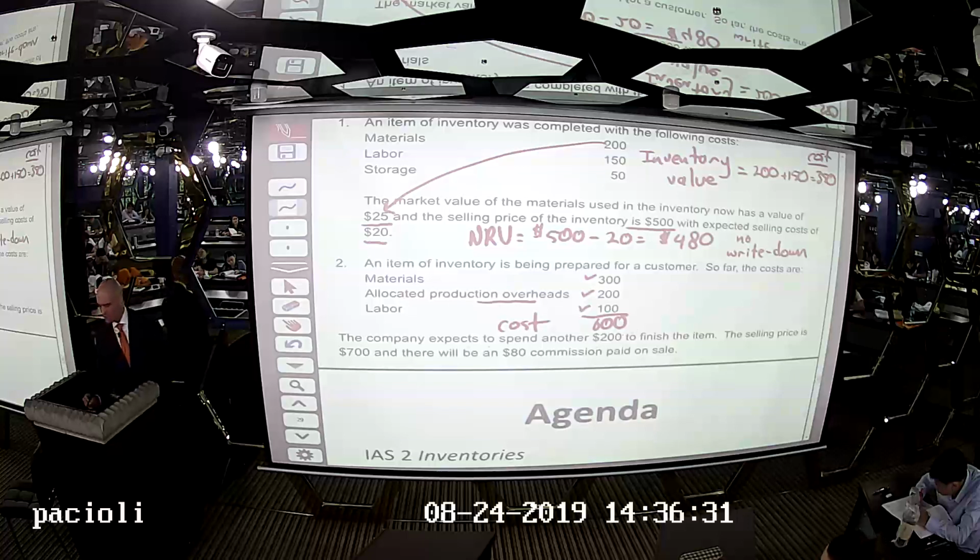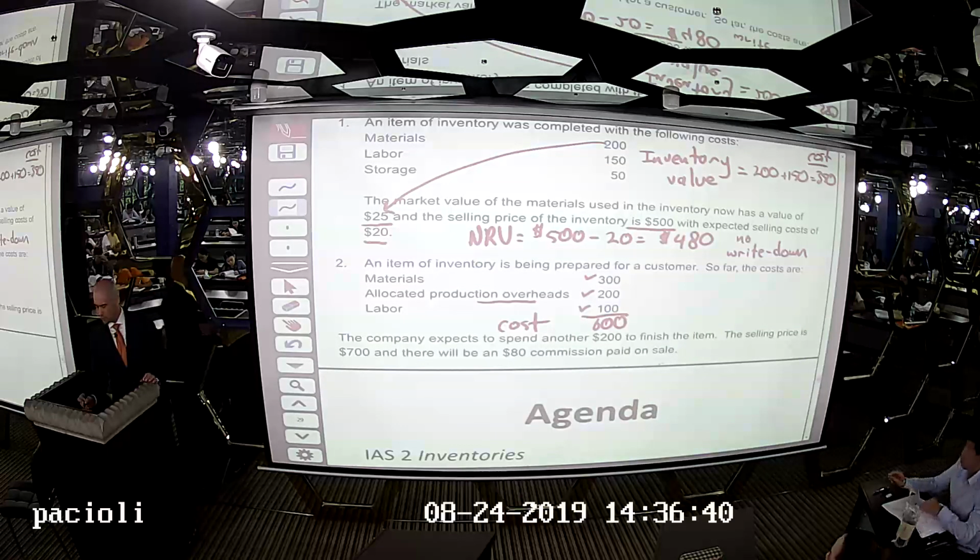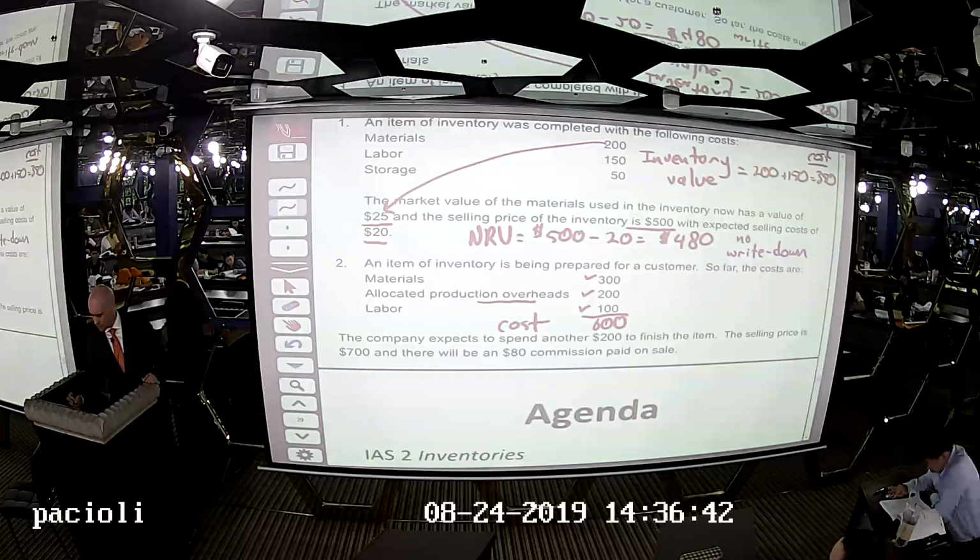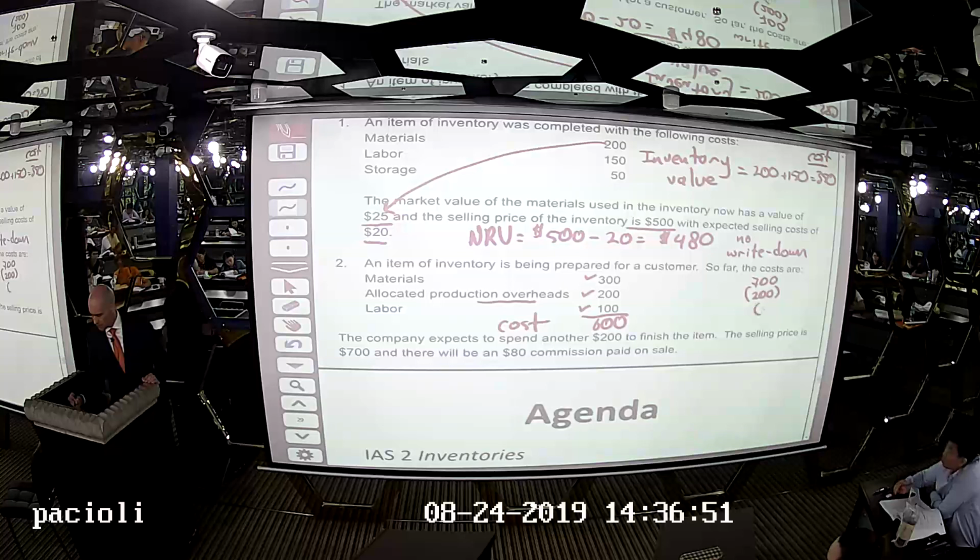The company expects to spend another $200 to finish the item. The selling price is $700. There will be an $80 commission paid on sale. So selling price is 700 minus cost to complete 200 minus cost to sell 80.